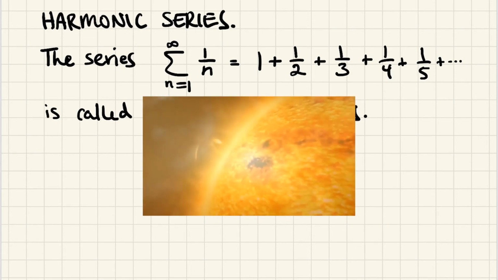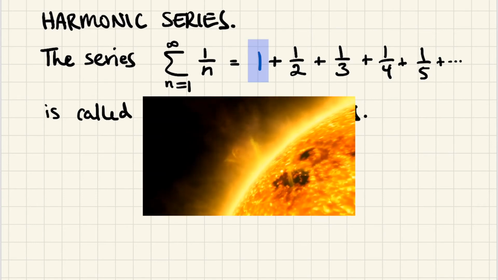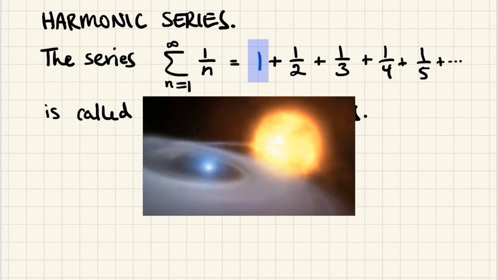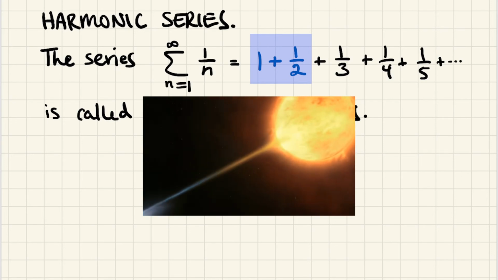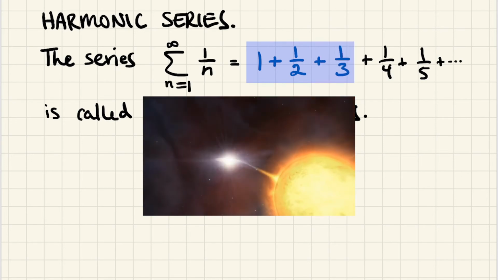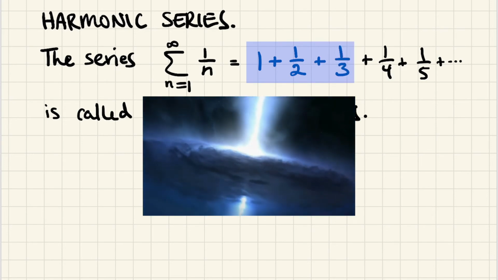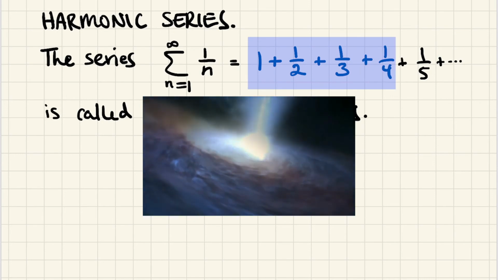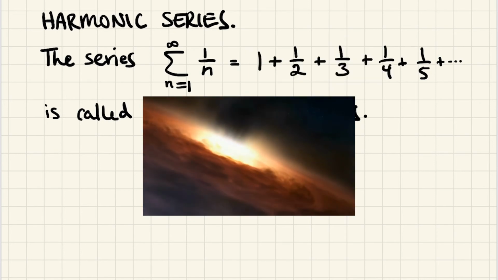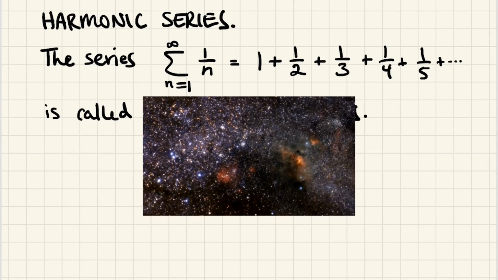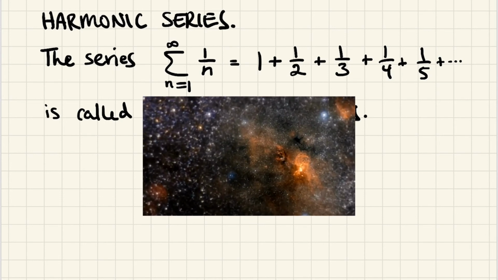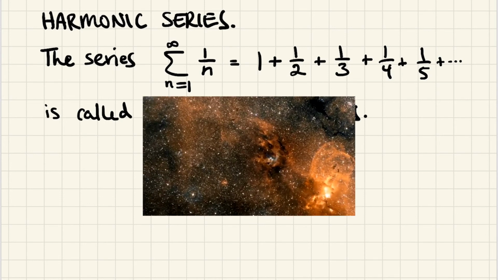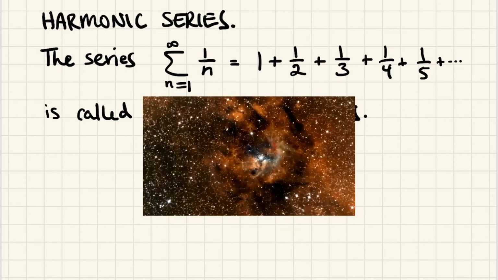So 1 second after the Big Bang, we had 1. And then 2 seconds after the Big Bang, we were at 1.5. And then 3 seconds after the Big Bang, we added a third to that. And 4 seconds after, we added 0.25 to that, and so on. And we kept doing that. The number we'd be at right now would be about 41. We're only at 41 right now.